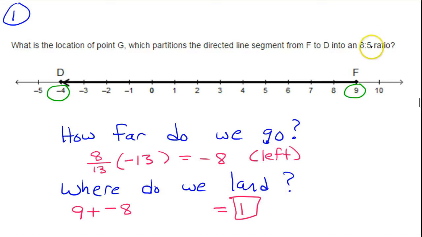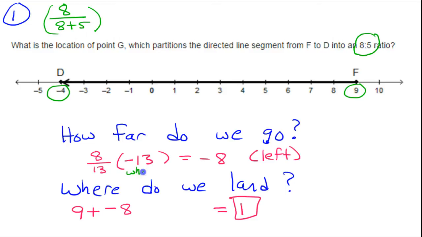So our first step was we had to take this ratio, and in order to figure out how far we were going to go, we had to turn this ratio into a fraction. Where did I get 8 over 13 from? Well, remember I did 8 over 8 plus 5. I added those together. So you'll see this as part of a formula sometimes. Then we were doing the fraction of the whole.